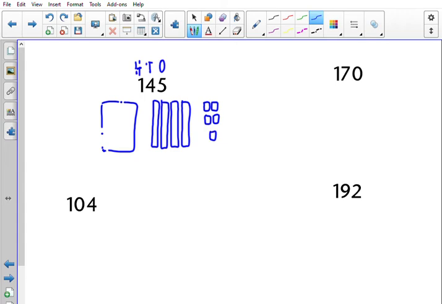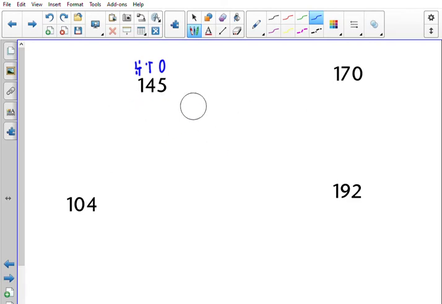And that's 145, drawn using Deans. Now, if I'm going to do that using my place value chart, my part-whole model, I'm going to need 3 parts this time because it's a 3-digit number. Now, I'm going to start off with 100, 4 tens, which is 40, and 5 ones, which is just 5.